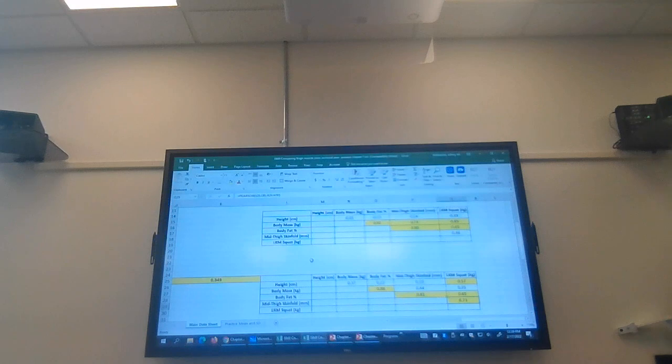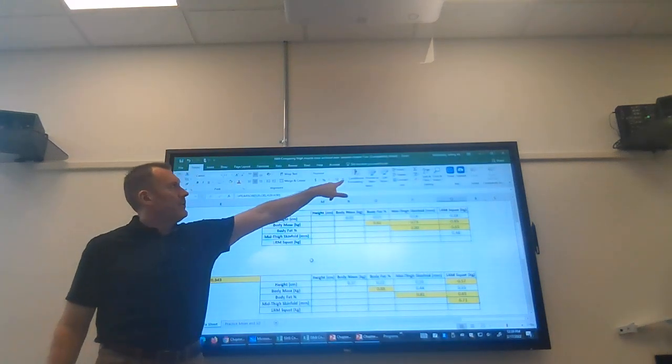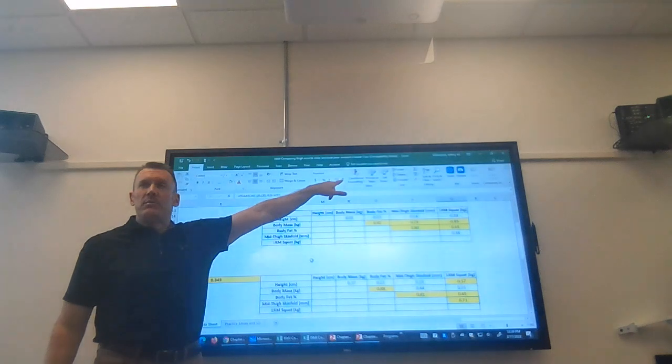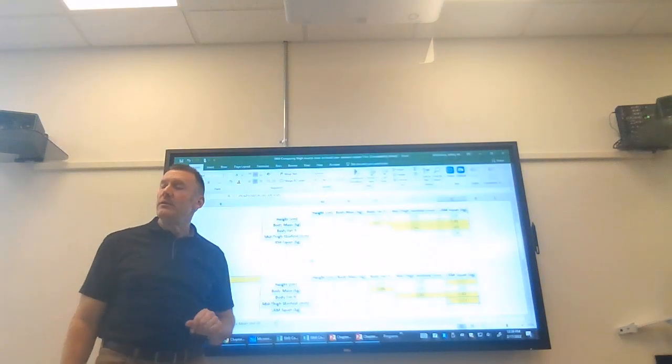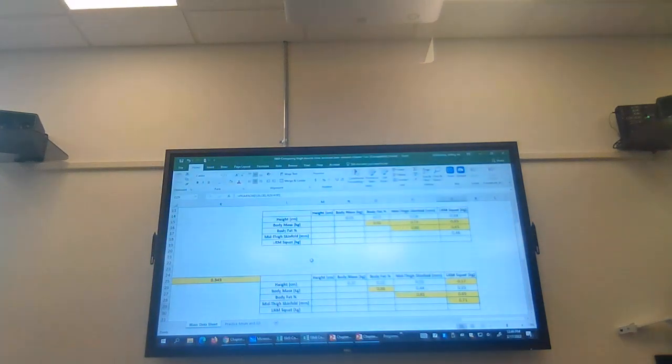You may come back with several decimal places, so all you really need to do is highlight that cell and go up here to reduce decimal places, and you could go down to 2. You can just click it until you get down to 2.